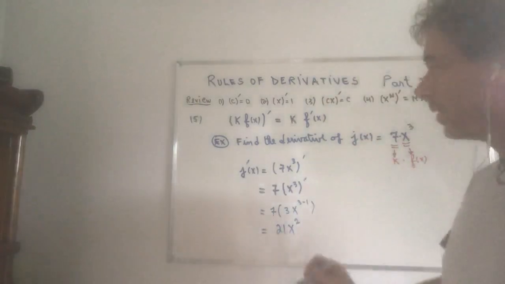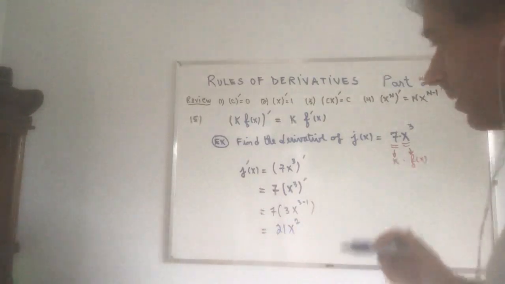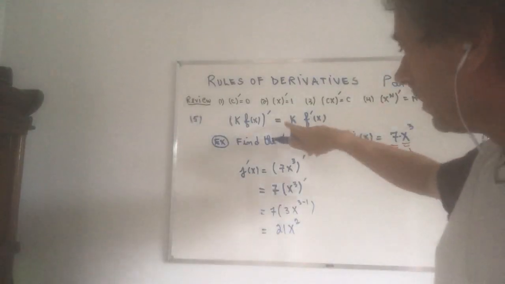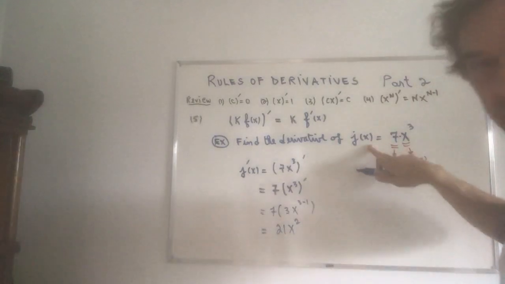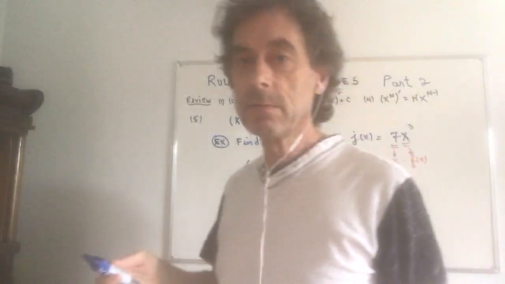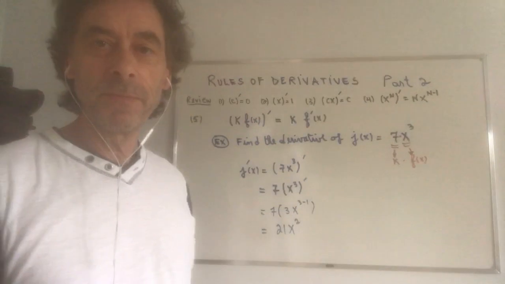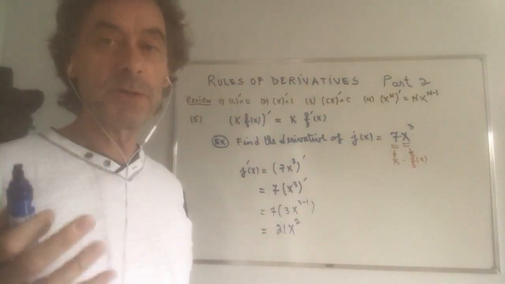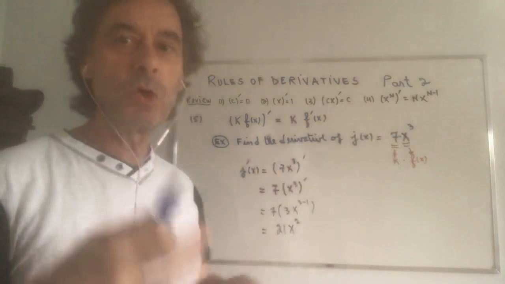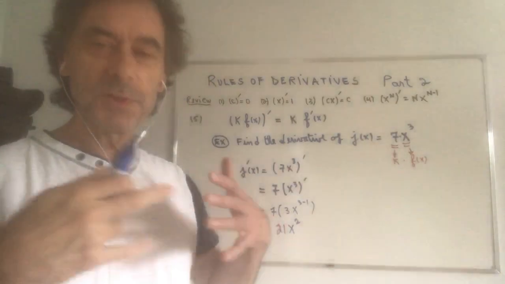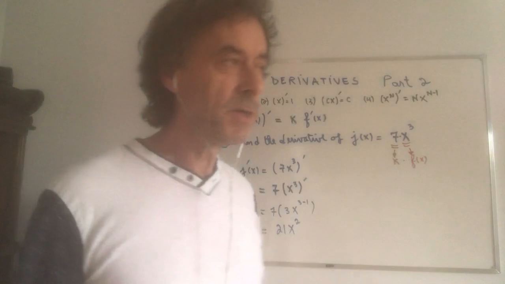Yay. Once again, please consider the huge advantage of having this rule to play with rather than finding the derivative of 7x cubed using the limit definition. For the limit definition would be quite tedious. I mean, we'd have an x cubed, that means we'd have an x plus h to the power of 3 at some point.